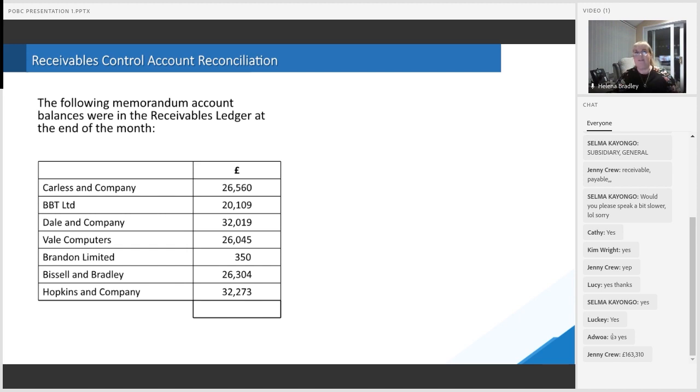In my memorandum account balances, in the receivables ledger, I have 7 customers. So the first question I have for you is, what's the collective balance on those receivables ledgers? And guys, it's nothing more complicated than just adding the 7 figures together. And when you've got that figure, please feel free to pop it in the chat. So add those 7 amounts up for me.